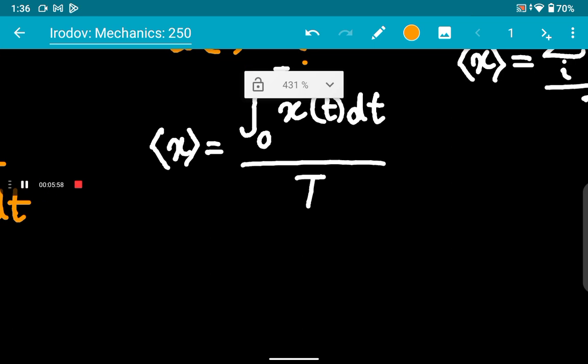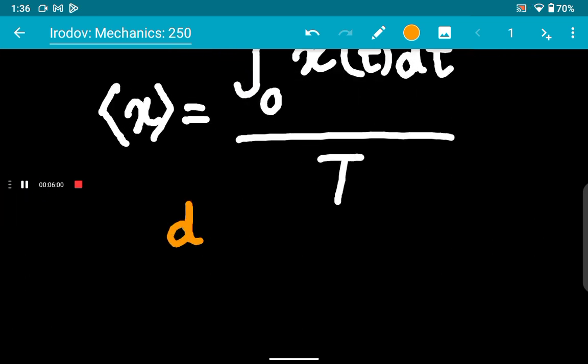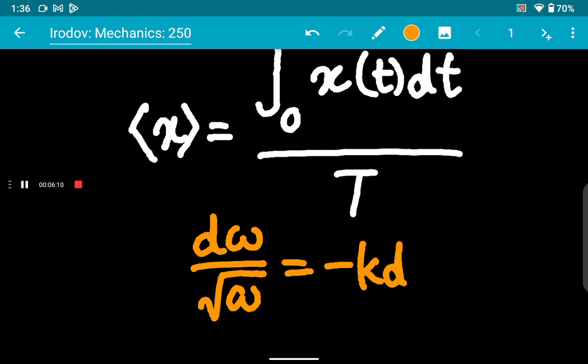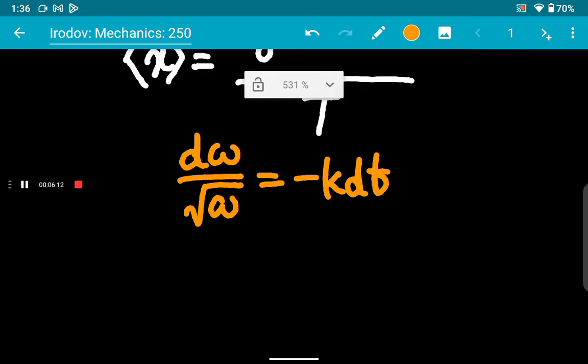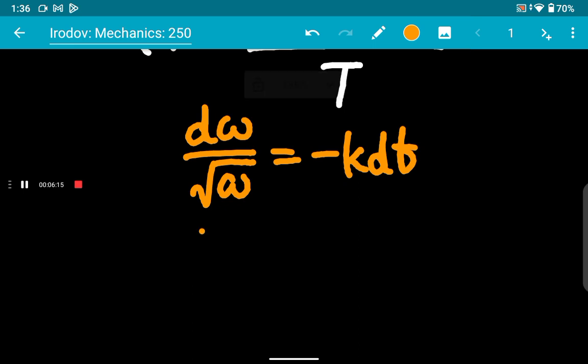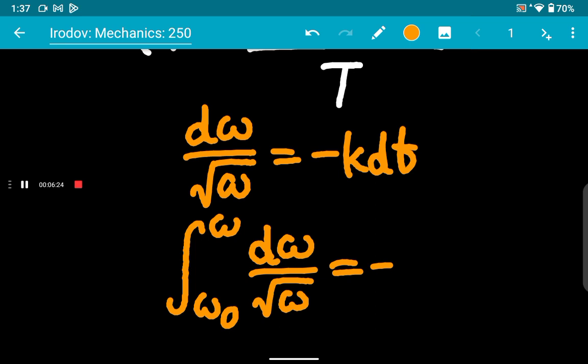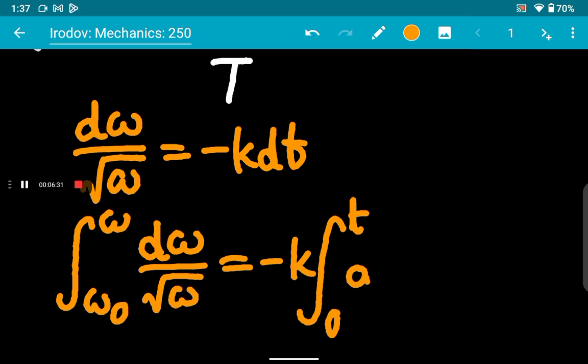So we had that d omega divided by root over omega was minus k dt. Now at any time t between 0 and capital T, we may write this integration from omega naught to omega of d omega divided by root omega, and this will be minus k times the integral from 0 to t of dt.